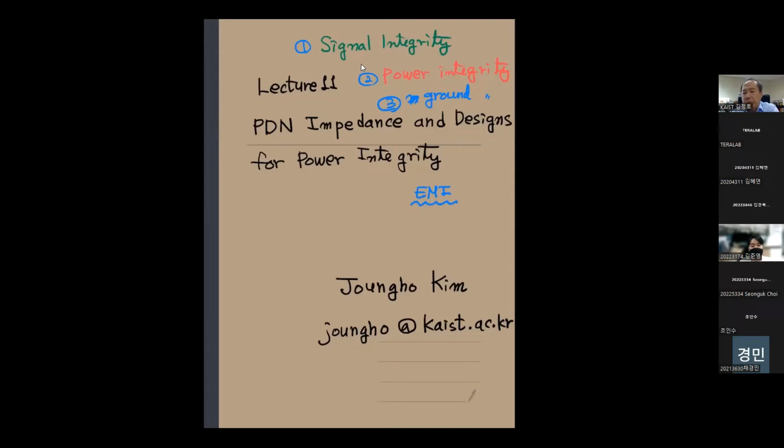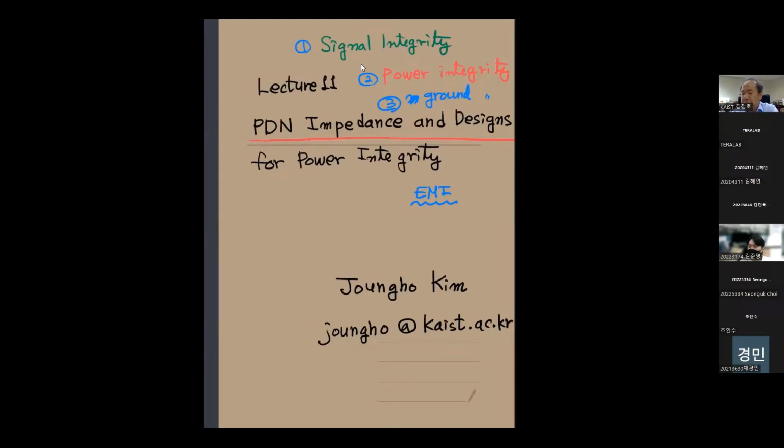Now in this week and next week, I'm going to talk about the basic principles and understanding for power distribution network impedance and design. In conventional circuit design classes, we are not talking about power supply circuit design in much detail, especially for very high speed, fast switching digital circuits.